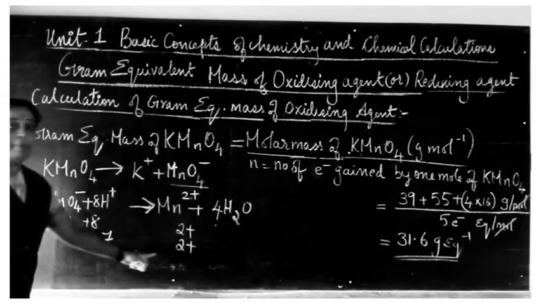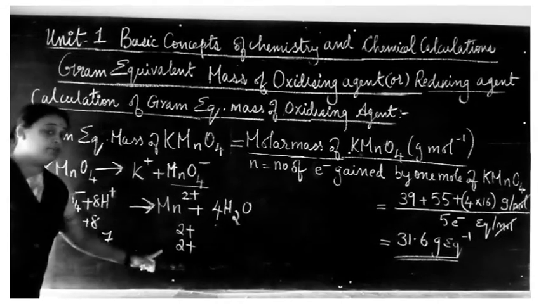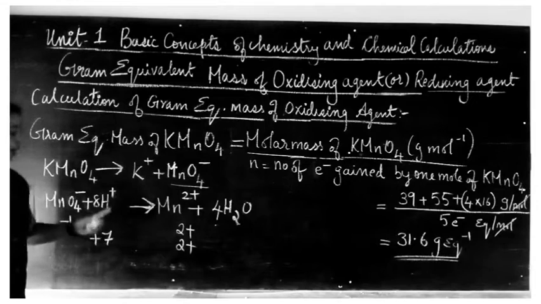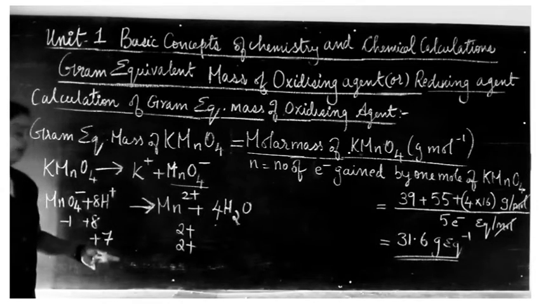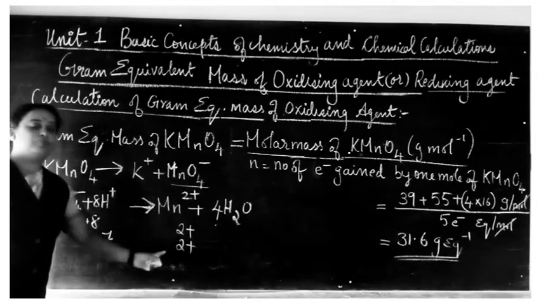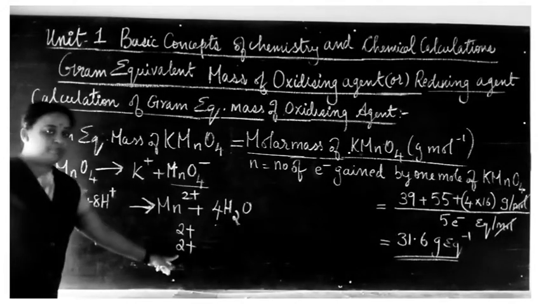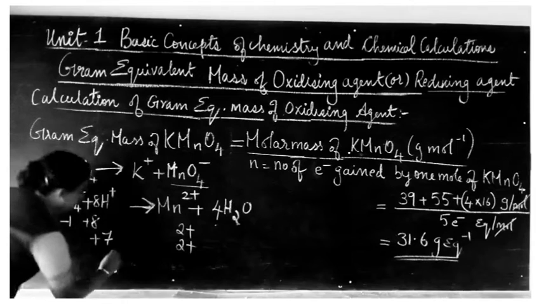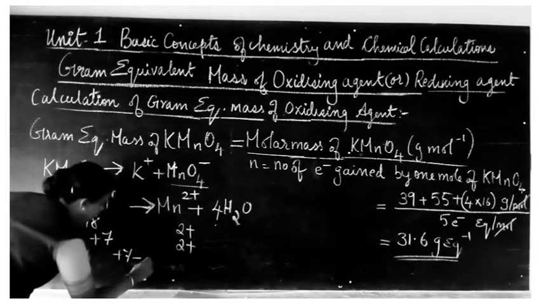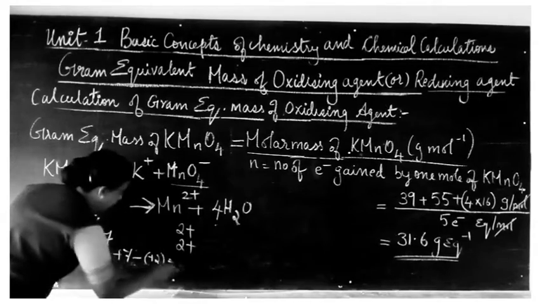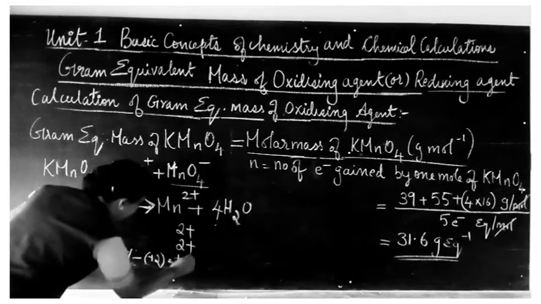Now for balancing, how many electrons are gained here? To find that out, we find the difference of both oxidation states. Here it is plus 7, here it is plus 2. So what is the difference? Plus 7 minus plus 2 is plus 5.